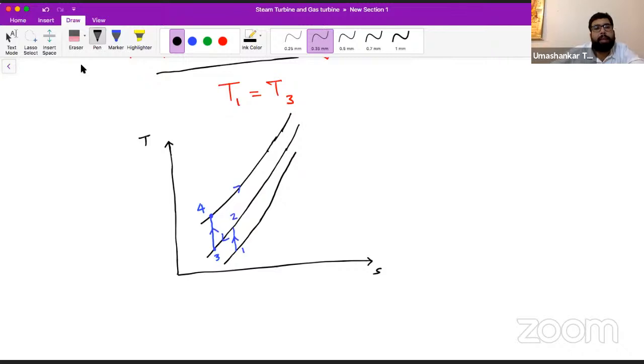So I am making a little change here in that diagram, because it will help you realize the regeneration. We have seen the regeneration in the last lecture also, and today we are going to combine everything.